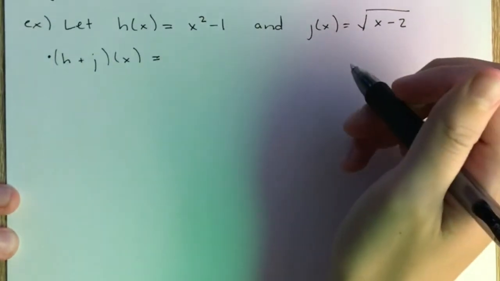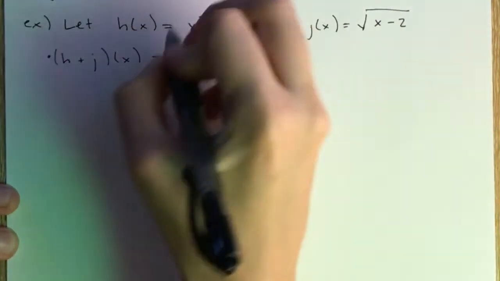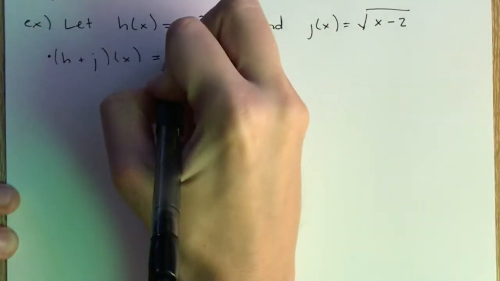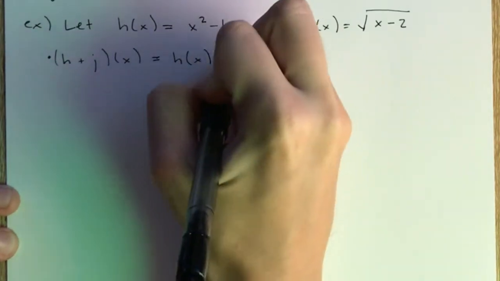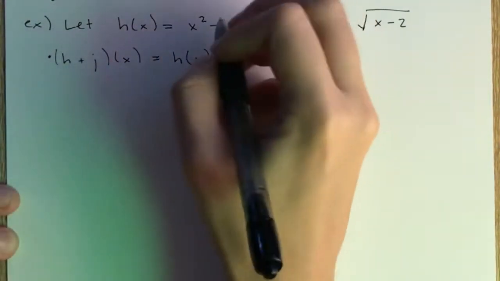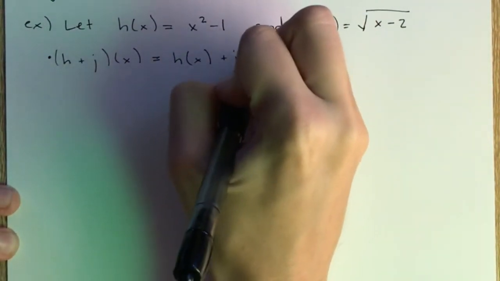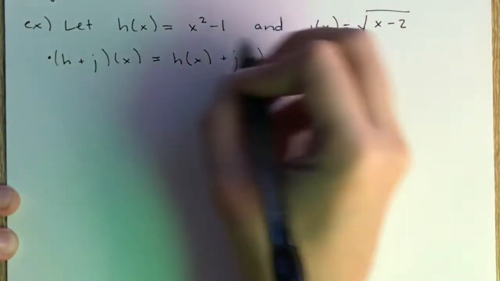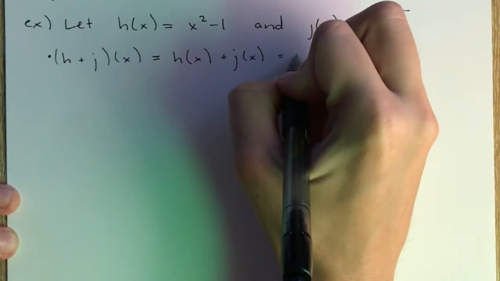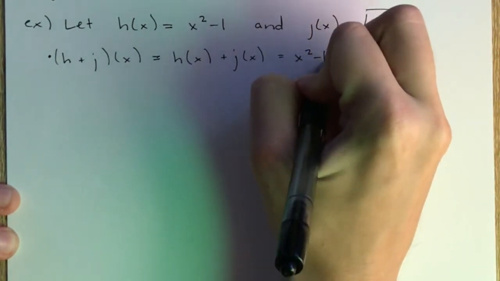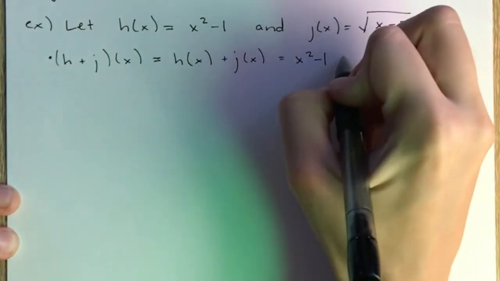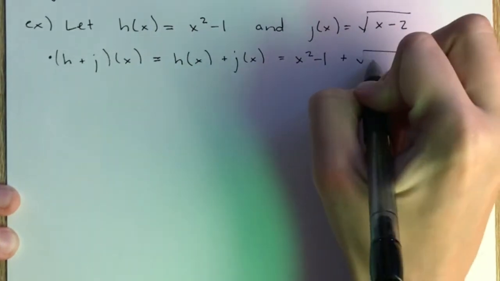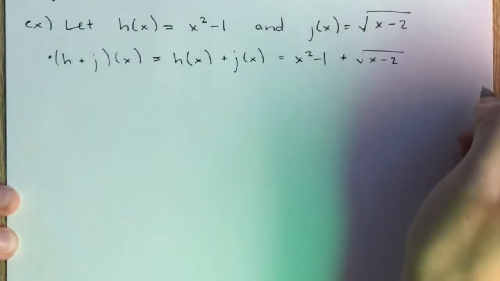Remember, all we're doing is just adding the two functions together, right? Our formula was (h plus j)(x) is equal to h(x) plus j(x). And then we replace each with what they're equal to. So h(x) is x squared minus 1. j(x) is the square root of x minus 2.